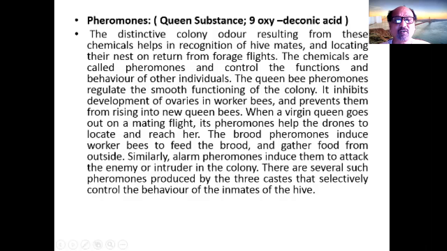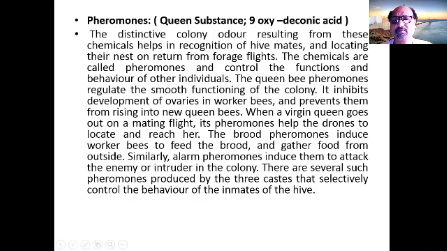The chemicals are called pheromones and control the functions and behavior of the other individuals. The queen bee pheromones regulate the smooth functioning of the colony. They inhibit the development of ovaries in worker bees and prevent them from rising into new queen bees.